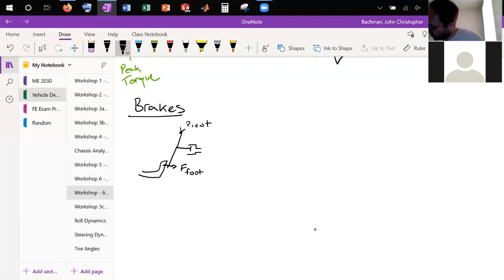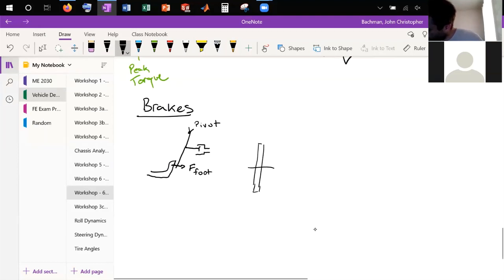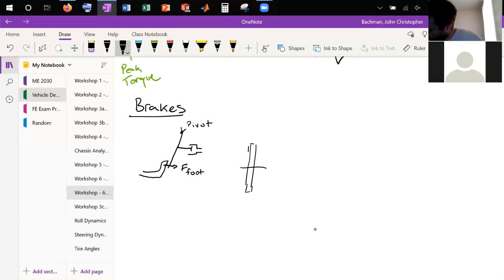That line is going to go to a rotor, or the disc of your disc brakes, and you'll have pads on both sides probably, and on one or both sides, a piston being driven.